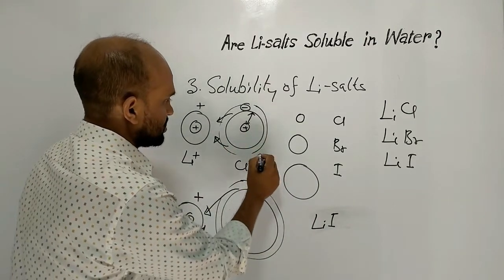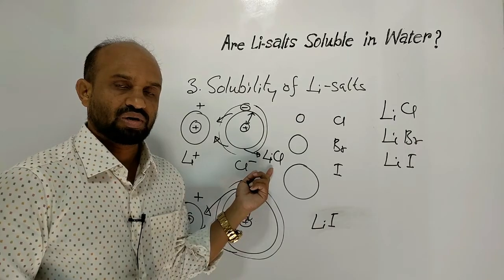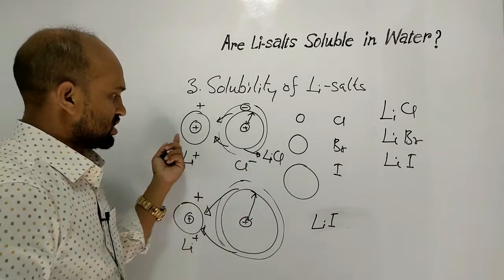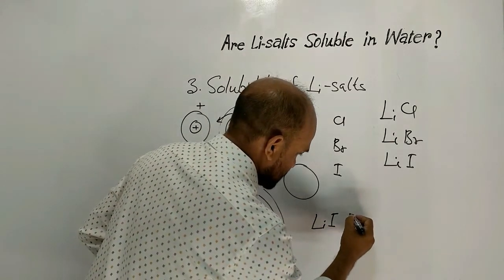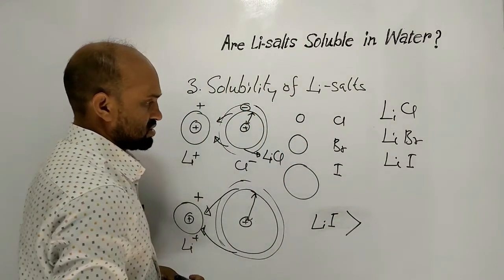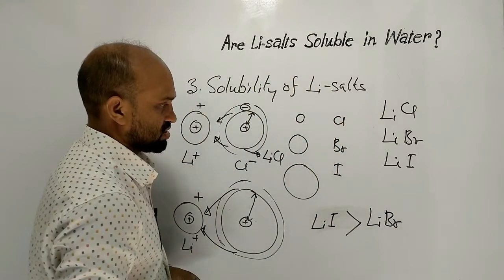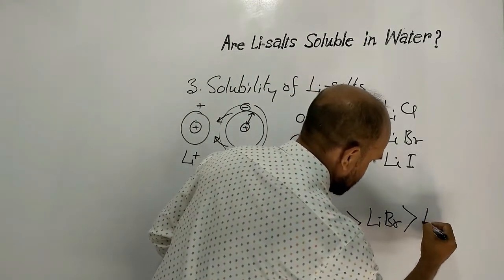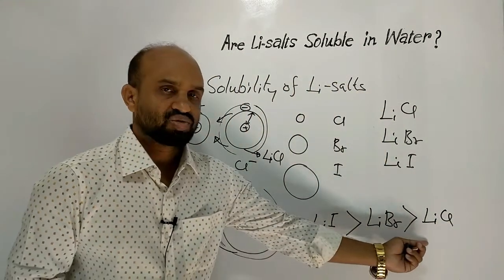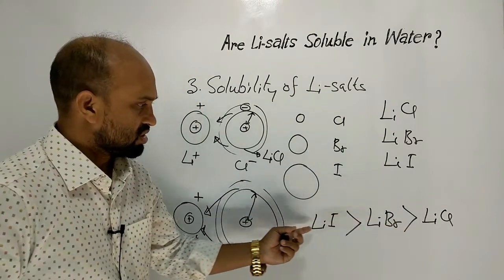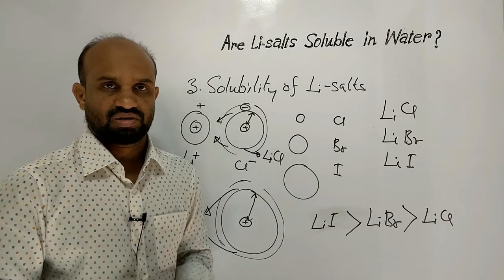Lithium chloride converts to a covalent compound as well due to the polarization. But lithium iodide achieves more covalent character, lithium bromide achieves moderate covalent character, and lithium chloride attains less covalent character. But all the lithium salts achieve covalent character.